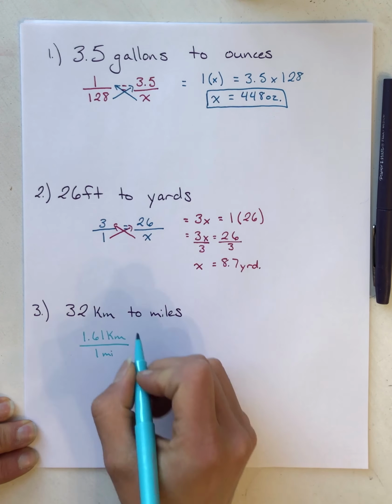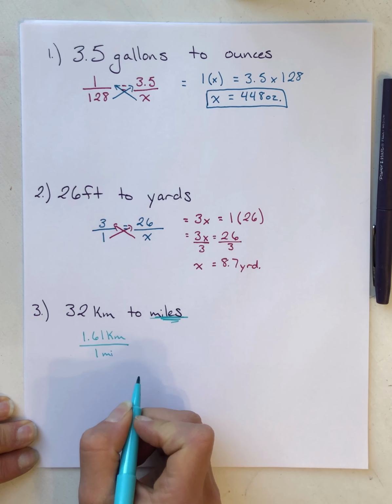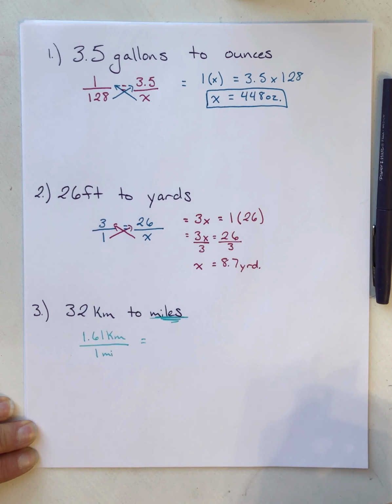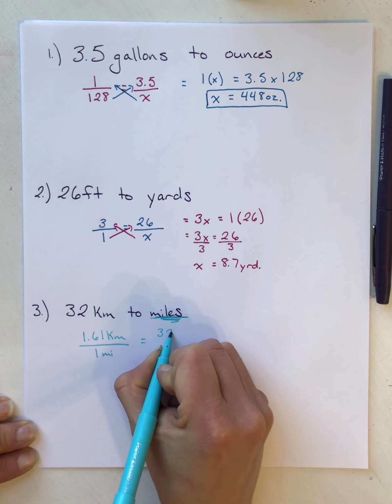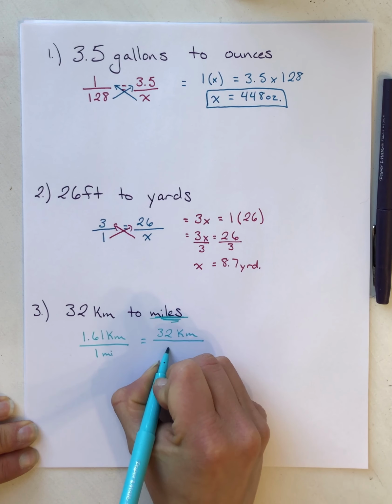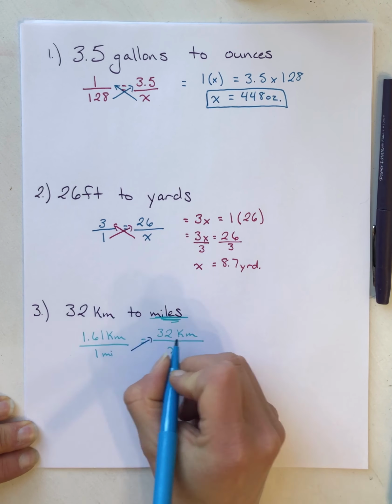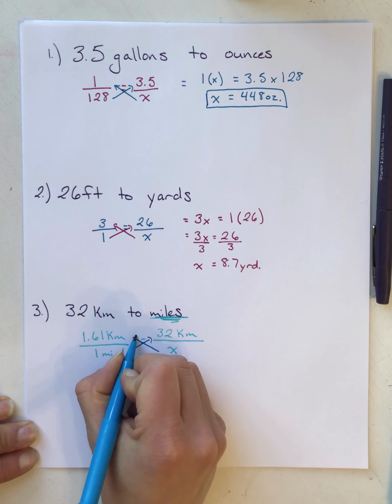And remember, what we're going to is always going on the bottom. Then we're going to equal 32 kilometers on this side over, we don't know how many miles. So I'm going to take my pen and cross multiply.